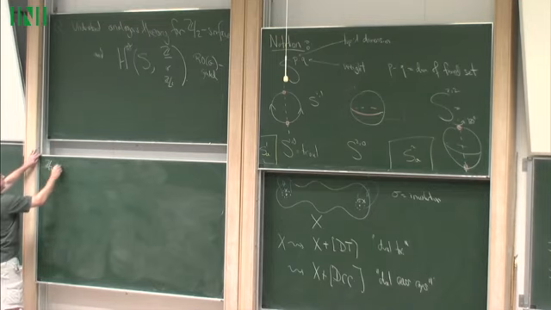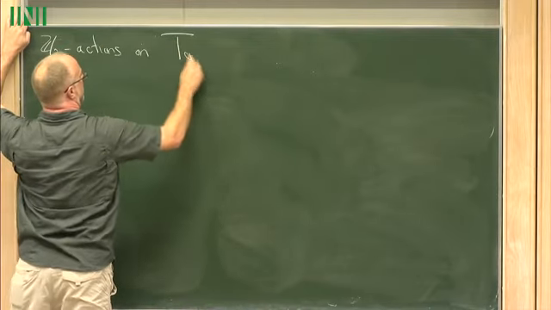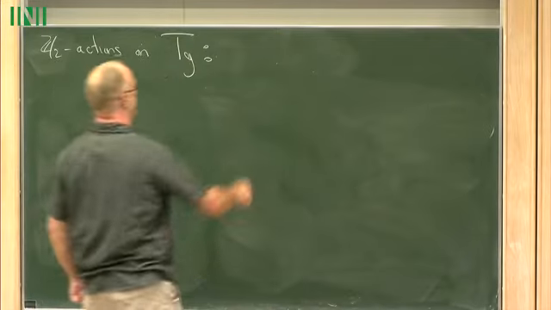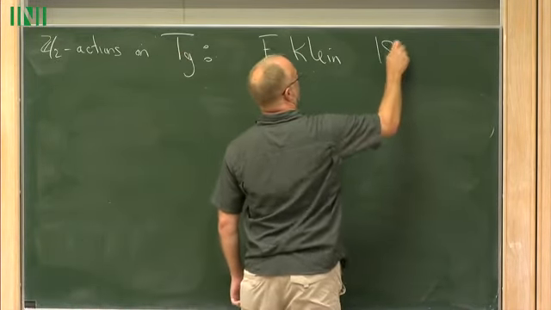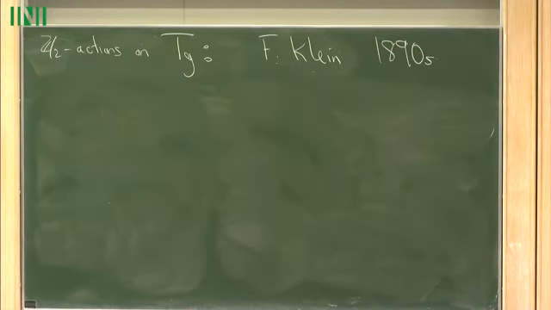So Z2 actions on the tori. This case really is completely classical. I think this was done by Felix Klein in the 1890s. So at the very, very beginnings of topology, this problem was already solved.